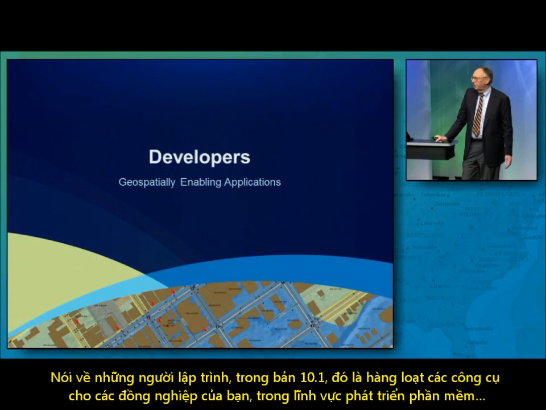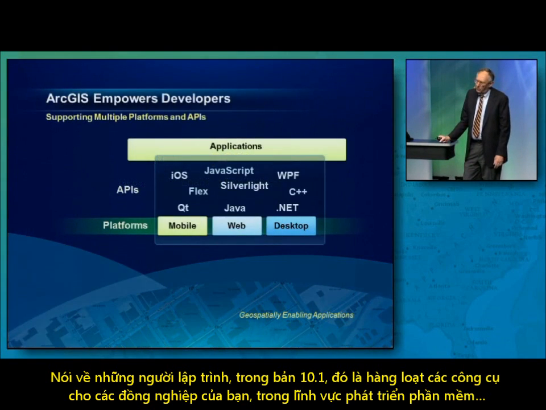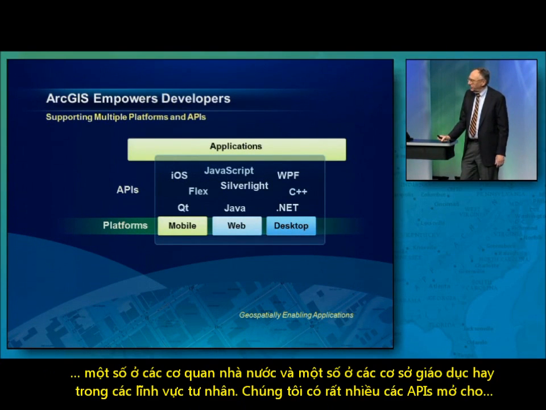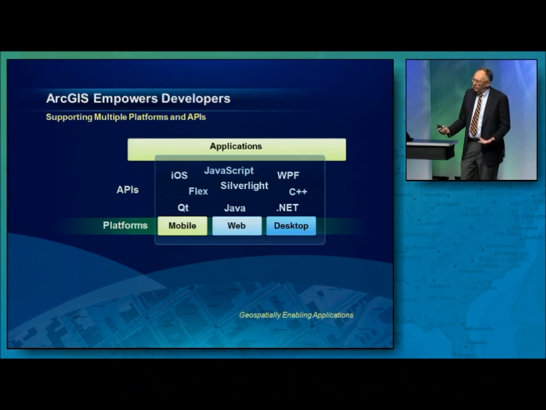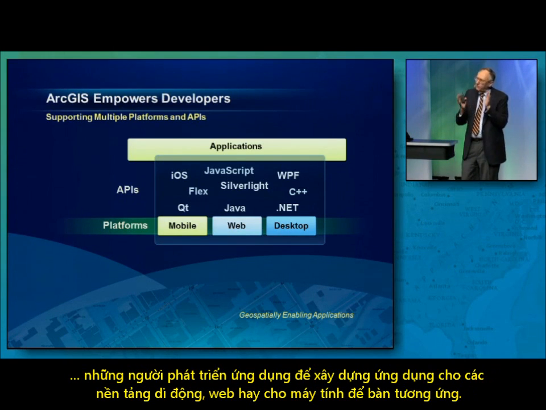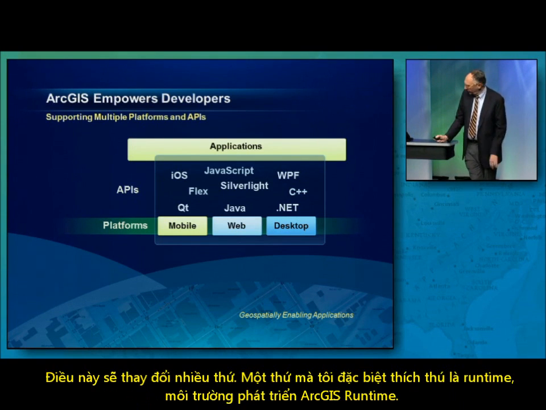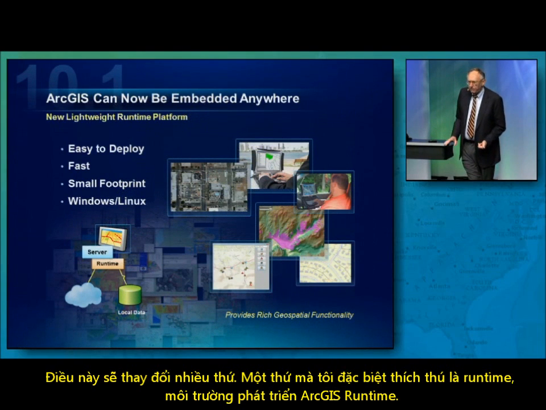And speaking about developers, at 10.1, it's a watershed of new tools for your colleagues in the software development area, some in agencies and some in the private sector and academy. We are providing a whole raft of open APIs for developers to build apps in the respective platforms of mobile, web, and desktop. This is going to change things. One that I particularly am fond of is the runtime, ArcGIS runtime developer environment.